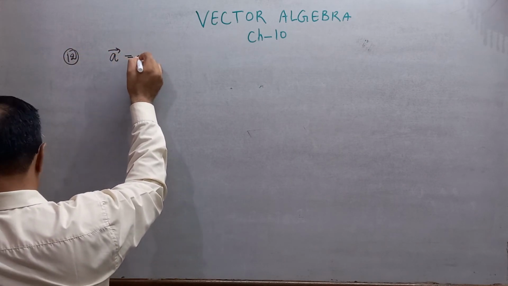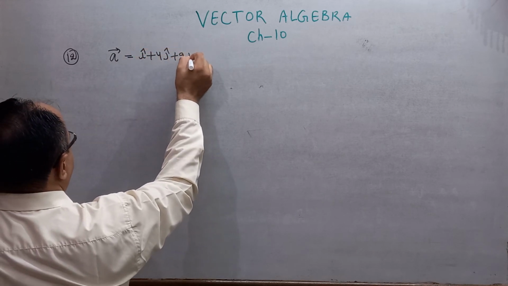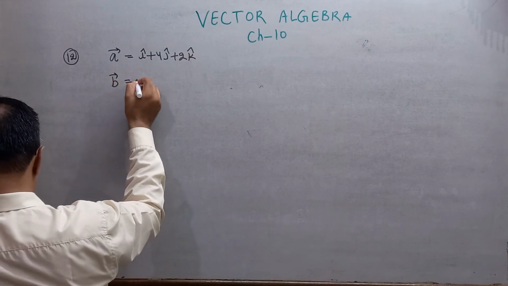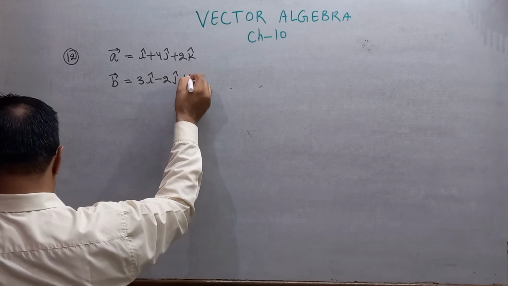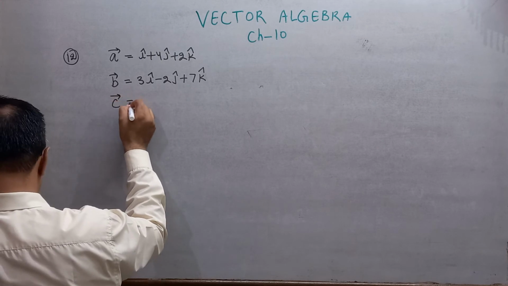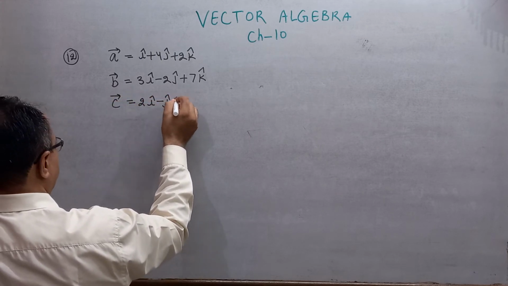Vector A is equal to i cap plus 4j cap plus 2k cap. Vector B is equal to 3i cap minus 2j cap plus 7k cap. Vector C is equal to 2i cap minus j cap plus 4k cap.